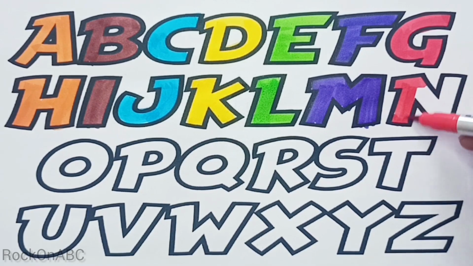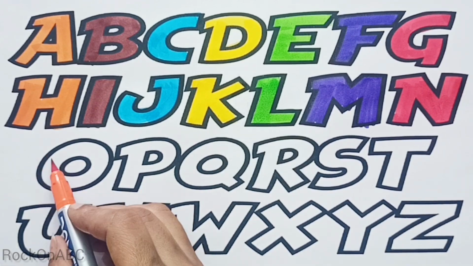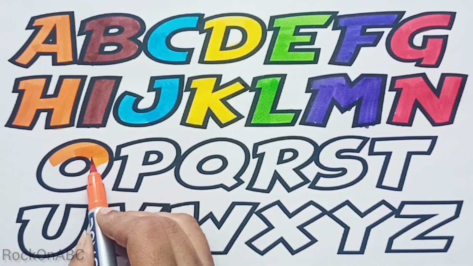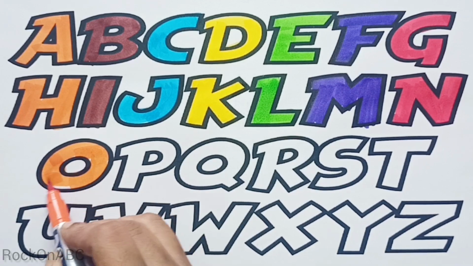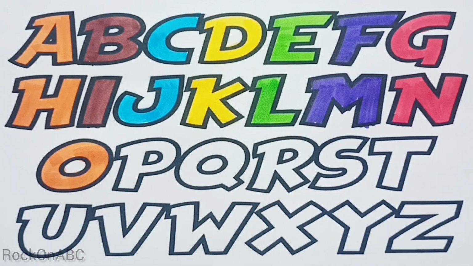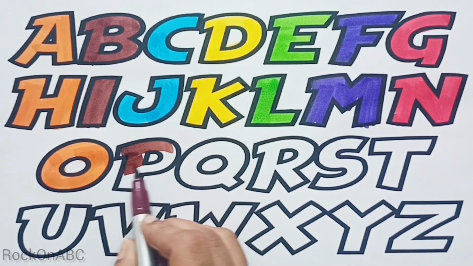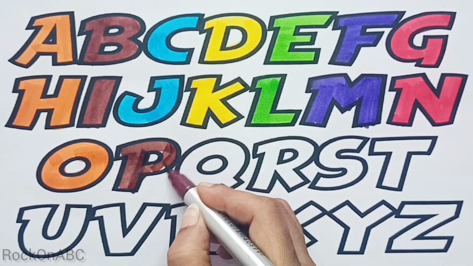N for nail. O for octopus. P for papaya.